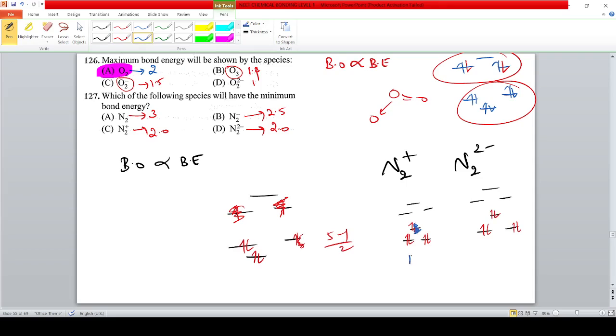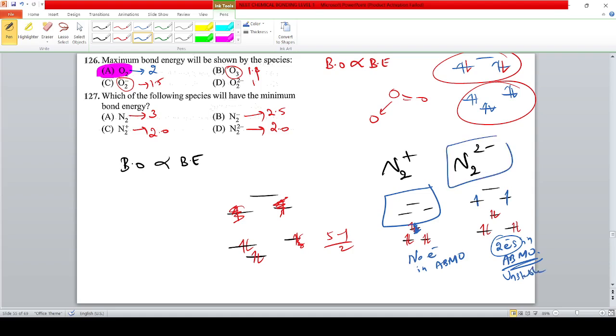That means there is no electron in anti-bonding molecular orbital. 2 minus means there are 2 electrons in anti-bonding molecular orbital. So, since there are 2 electrons in anti-bonding molecular orbital, this is so much unstable. Unstable means very weak bond energy. So the most appropriate one for the question is option D.